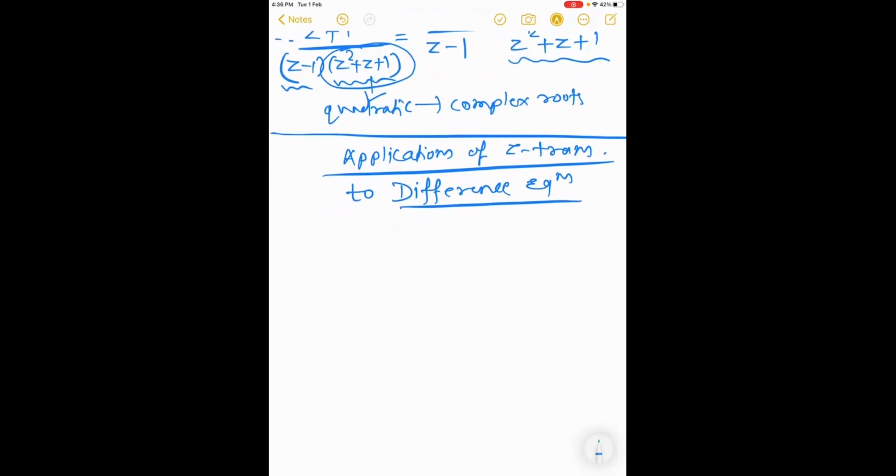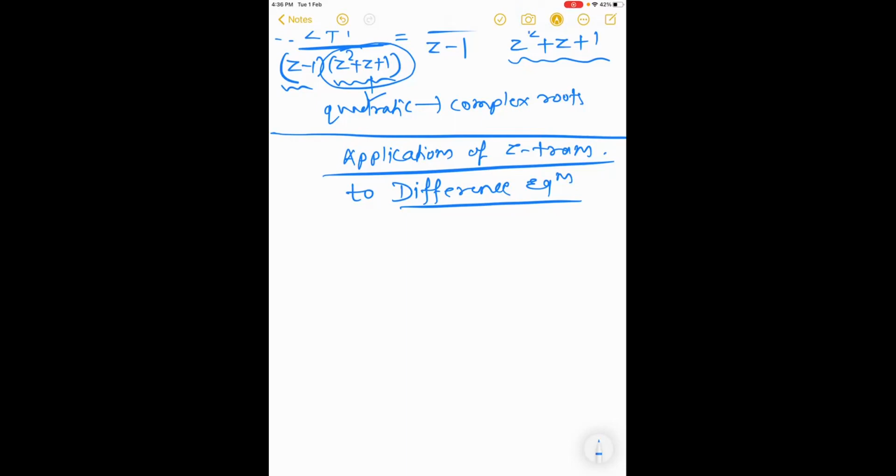So difference equation means the sequence is given, then the displaced sequence is given. So what is the value of f of k plus 1? What is the value of f of k plus 2? What is the value of f of k minus 1? And like that. So those things we are going to identify.